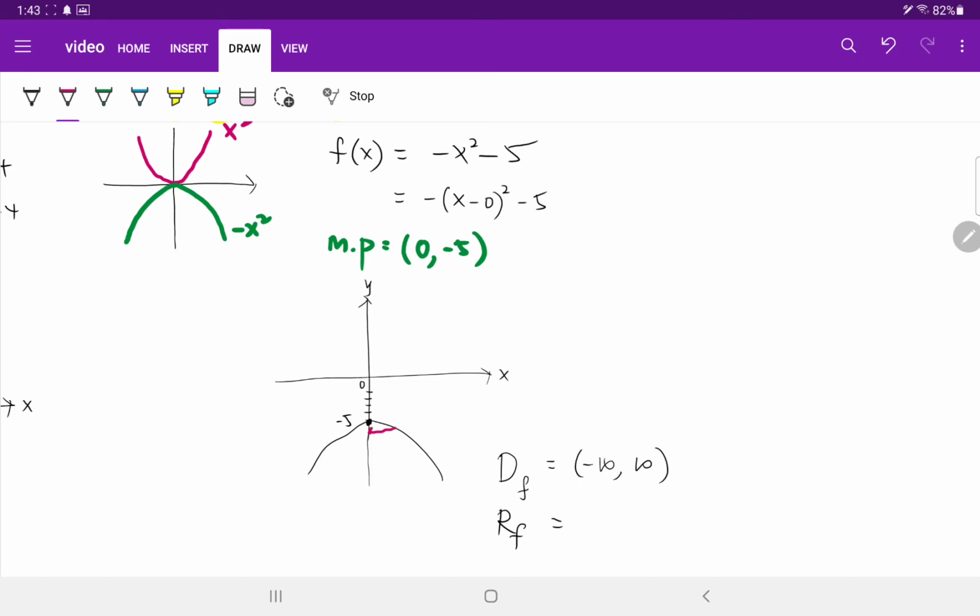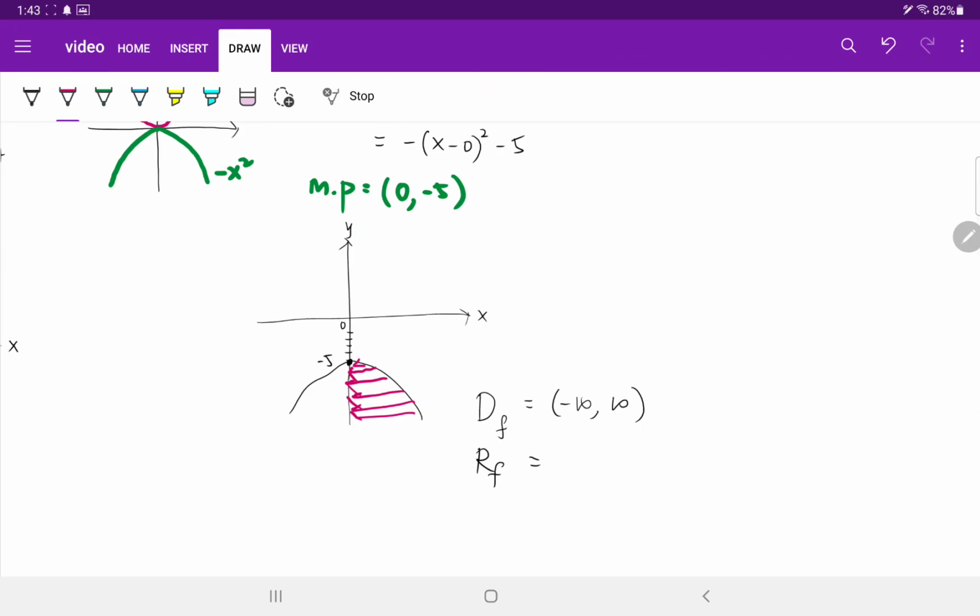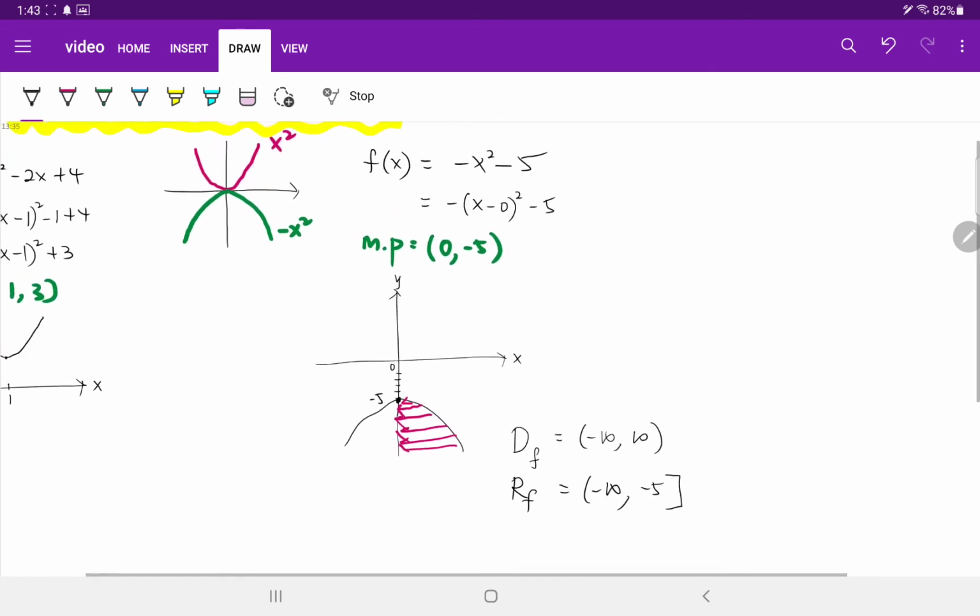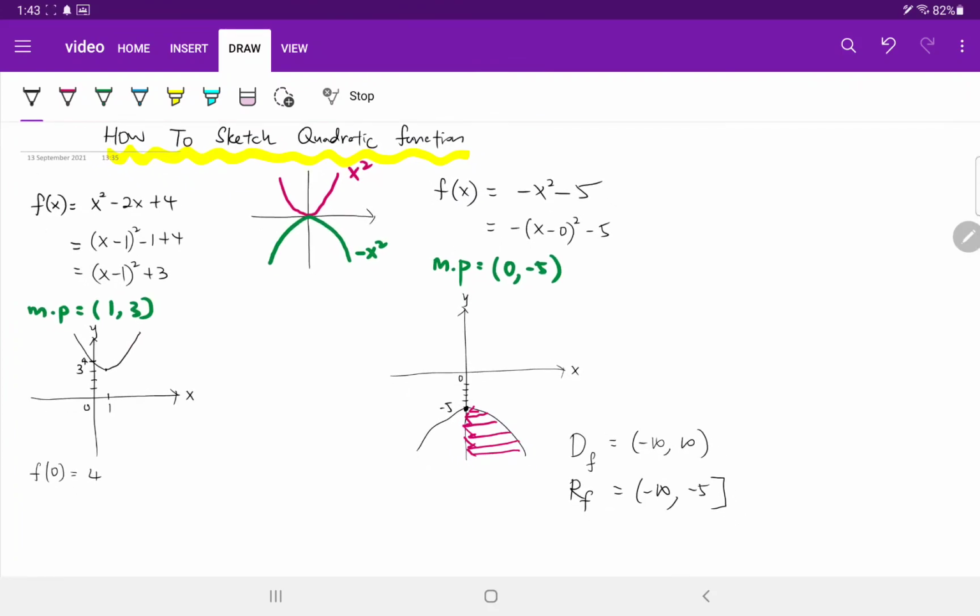From the graph you draw, look towards the y-axis. You can see the values of y, which is our range. So it starts from negative infinity until the highest value of y that you have, which is negative 5, so it is included. Okay, so that's it. Hopefully you got the idea.